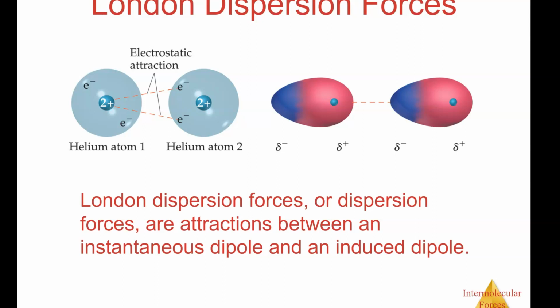So, London dispersion forces are attractions between an instantaneous dipole and an induced dipole. So again, temporary dipole moments that happen just because the electron cloud shifts to one side or the other, and it causes a momentary dipole that's going to disappear. It's going to go back to normal. It's not long lived. Okay? Questions?